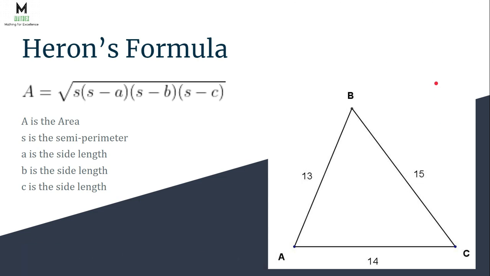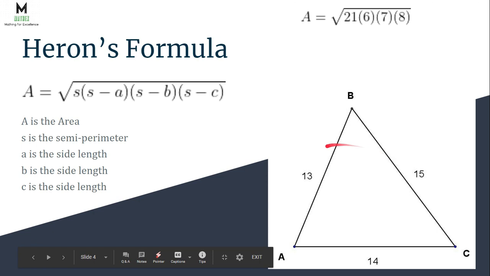In this 13, 14, 15 triangle, the first step would be to take its semi-perimeter. If we add all the sides up, we get a perimeter of 42. So half of that would give us a semi-perimeter of 21. Then, by subtracting 15 from this 21, which matches our s minus a term, we would get 6.